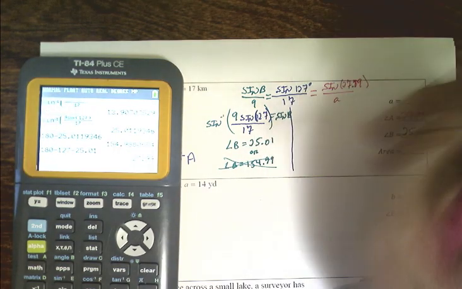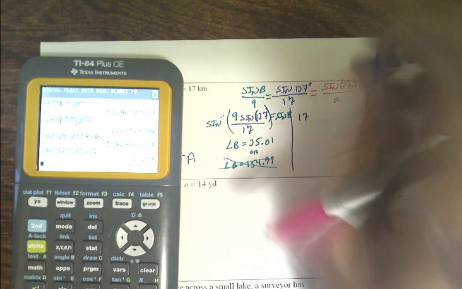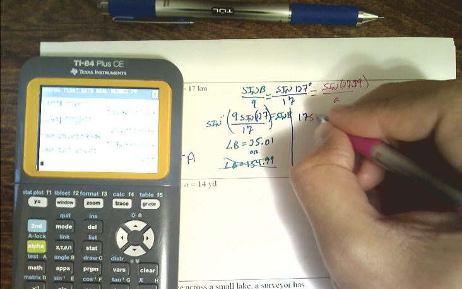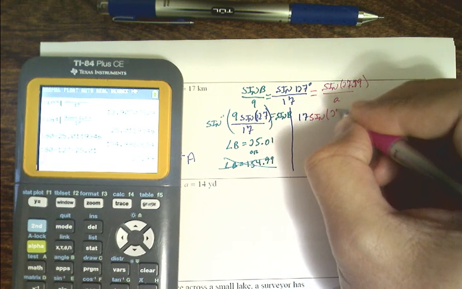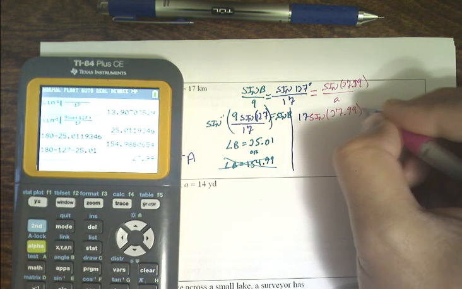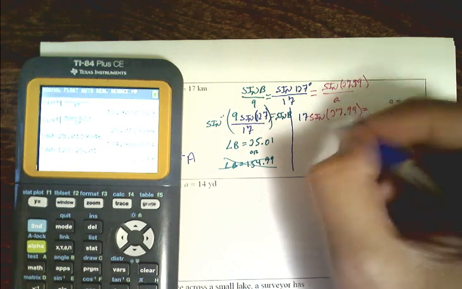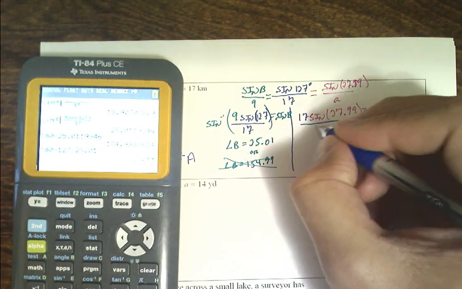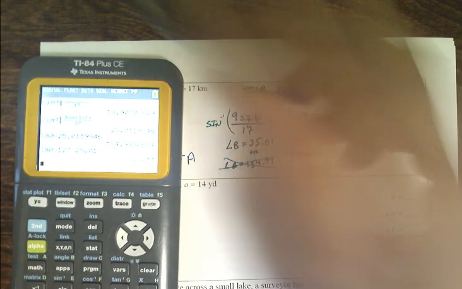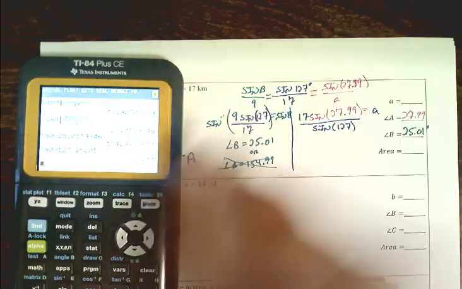Cross multiply again, and that will give us 17 sine 27.99 is equal to a times sine of 127. So if I divide both sides by sine of 127, I would get a by itself. All those fun ratios.